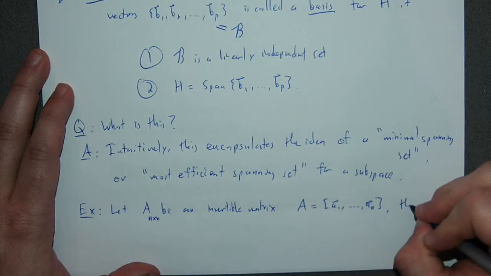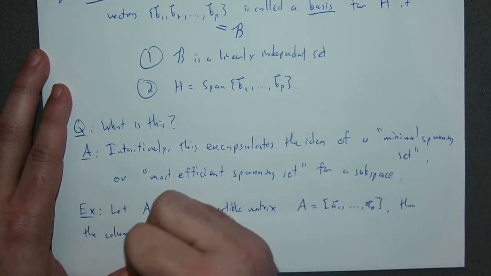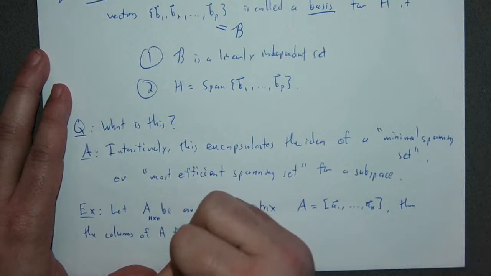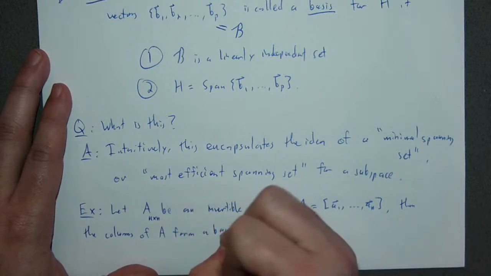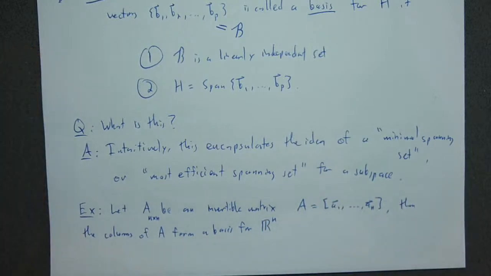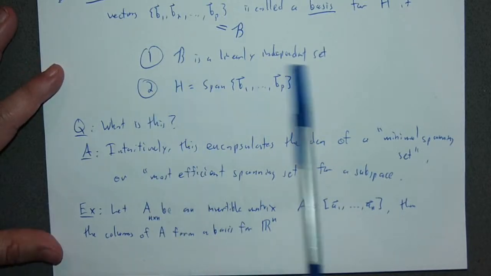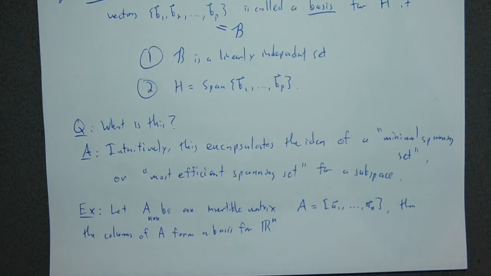So then the columns of A form a basis for Rn. How do I get that? Well, they span Rn and they're linearly independent. Okay. All right, so there's one example.